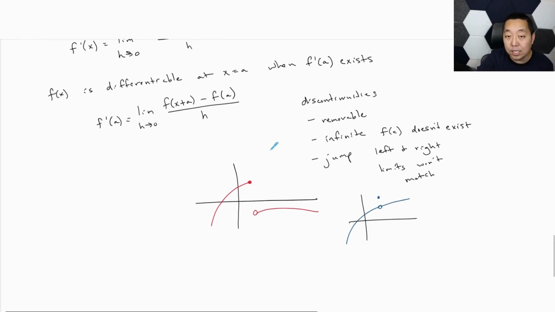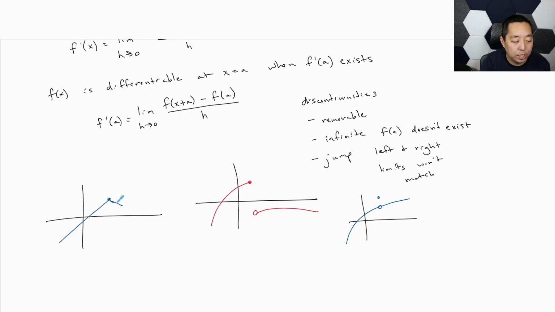But it could be continuous and still not differentiable, because the limits from the left and the right might not match. That's the case if I have a corner, where the slope changes right at this point. The limit doesn't exist because the limit as h approaches 0 from the left and the limit as h approaches 0 from the right won't match.